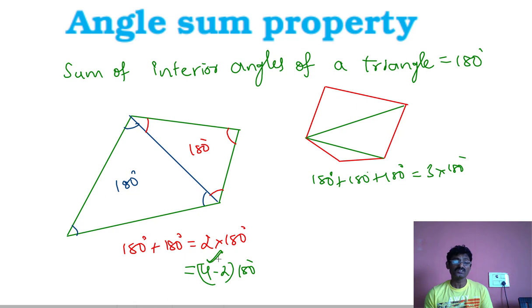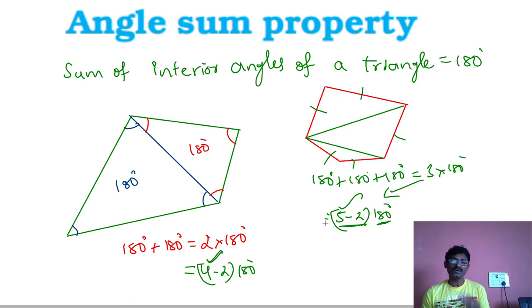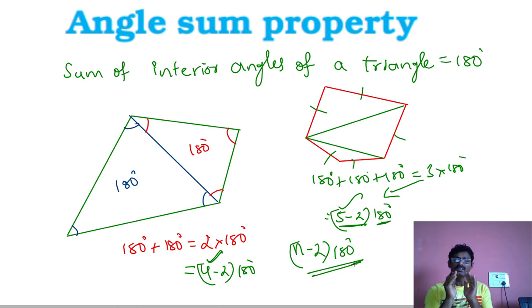This 4 is nothing but the number of sides of that polygon. Here 3 times 180, we can write as (5 minus 2) times 180. This 5 is the number of sides of this pentagon. In general, if there are n sides in a polygon, then the sum of interior angles is equal to (n minus 2) times 180 degrees. This is the formula to find the sum of interior angles in an n-sided polygon.